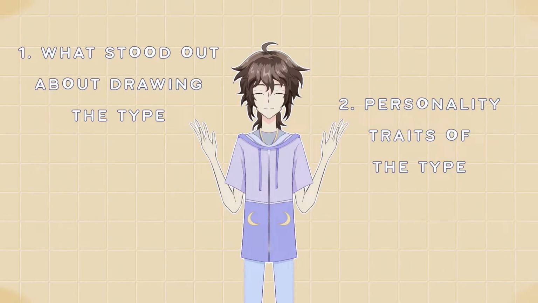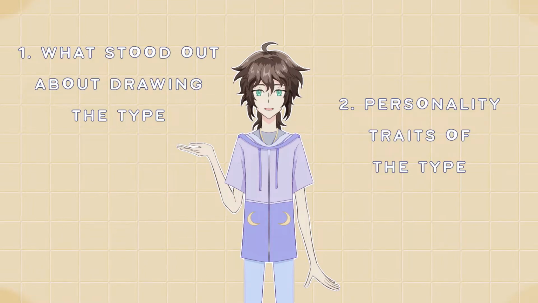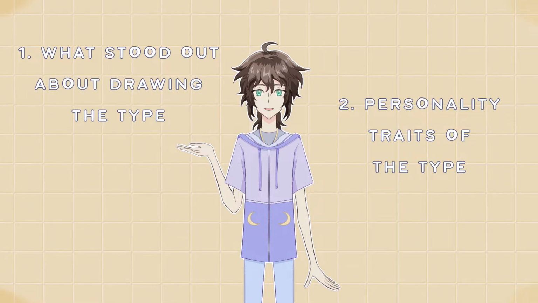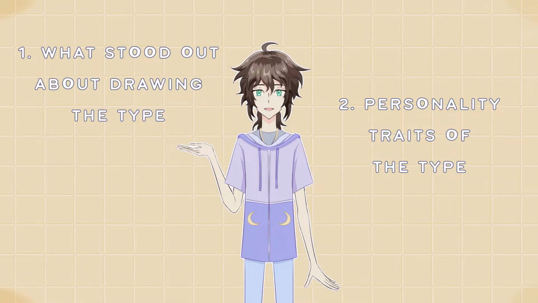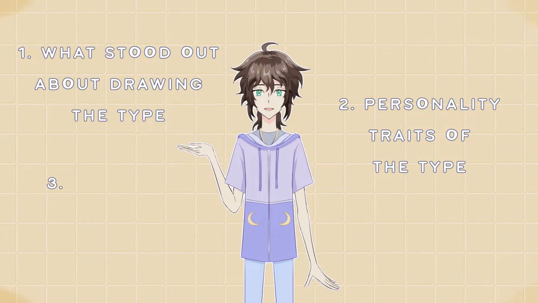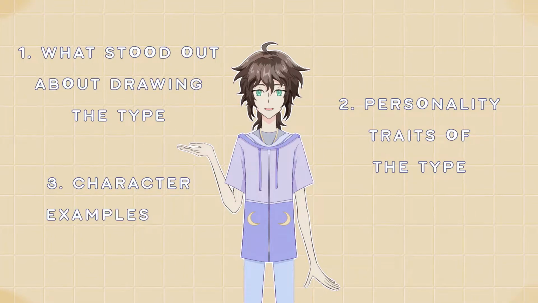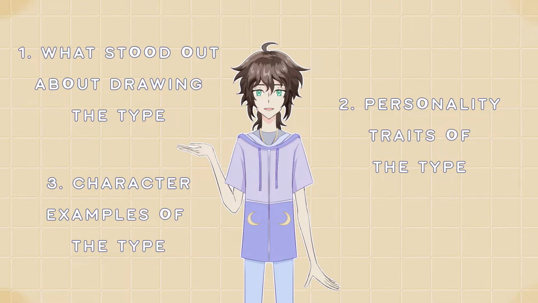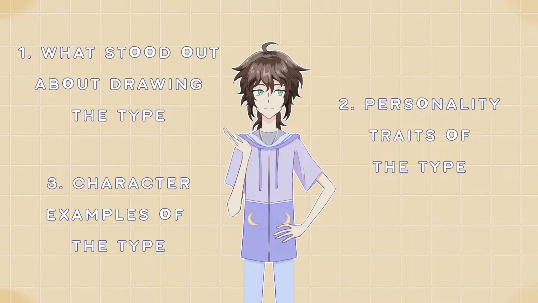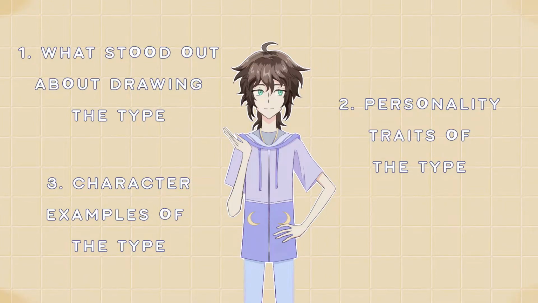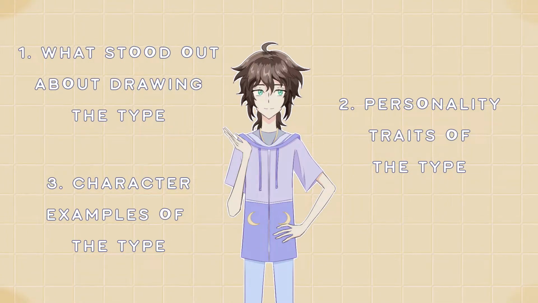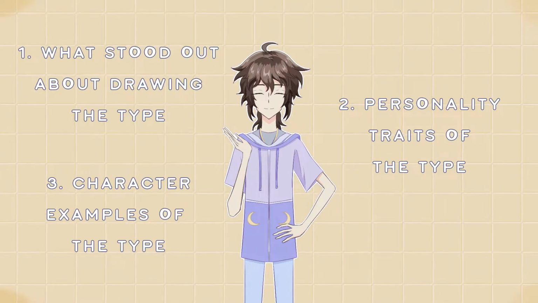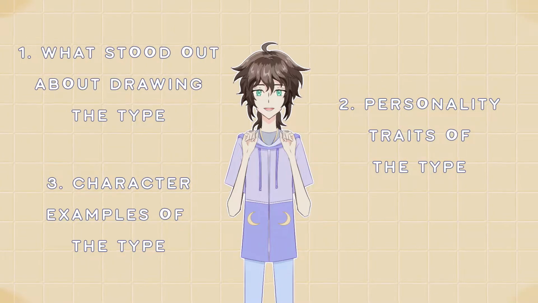It doesn't mean that every person who has this type, if you took the test, is necessarily this way, but it's very likely. And at last, I'll give you some examples from different animes and animated shows of characters that have this personality type, because I personally really like finding out the types of characters so you can already have a little idea of what they are like or what they value.